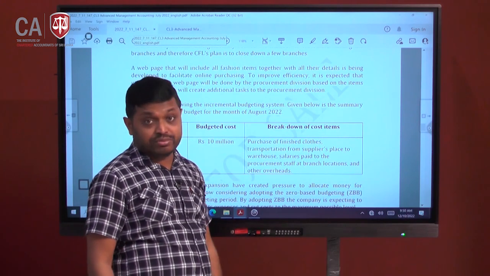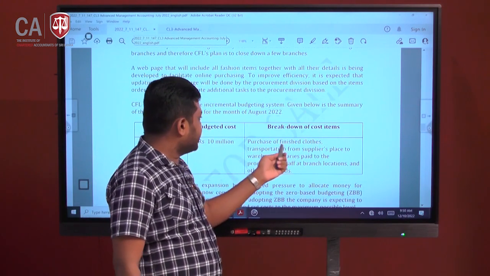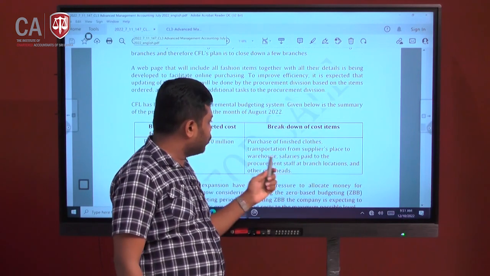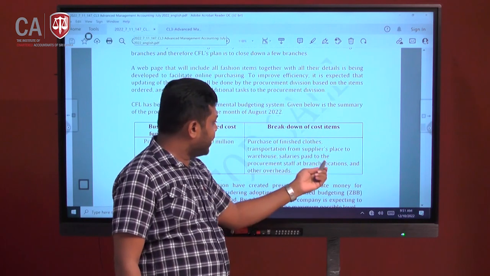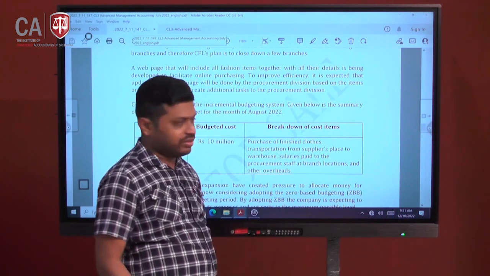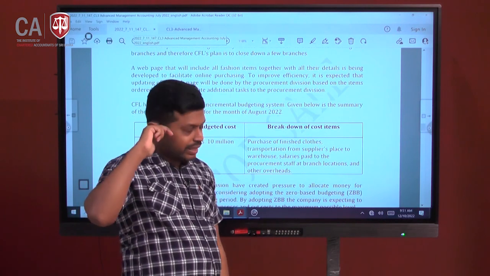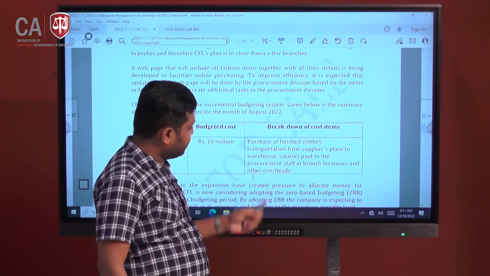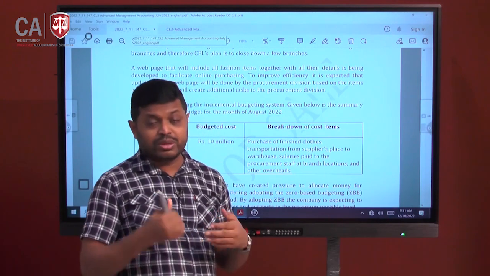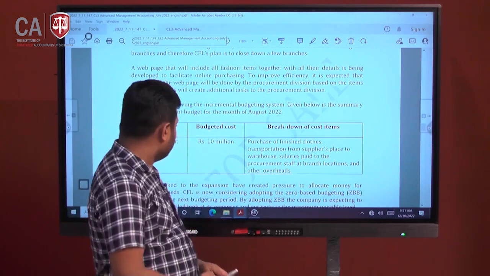Breakdown of cost items, activities: purchase of finished clothes, transportation from supplier place to warehouses, salaries paid to the procurement staff at branch locations, and other overheads. Mainly, purchasing, transportation and salary or staff cost, those are the main three items, right.